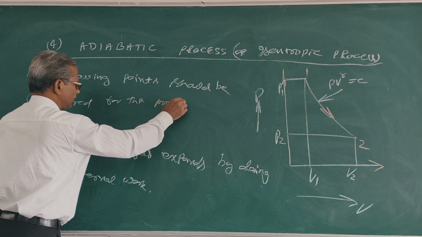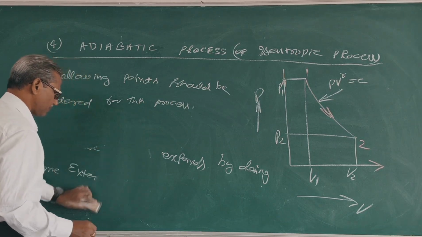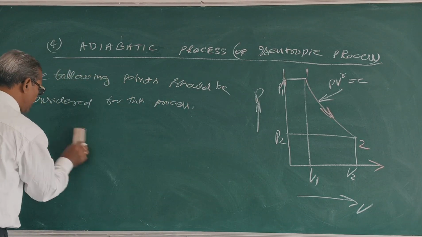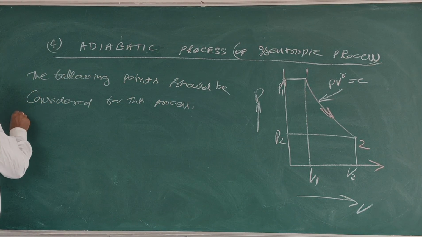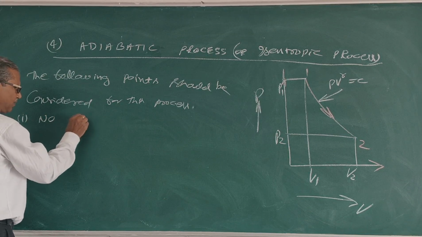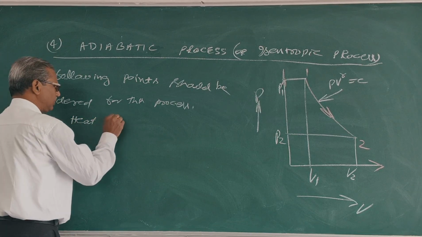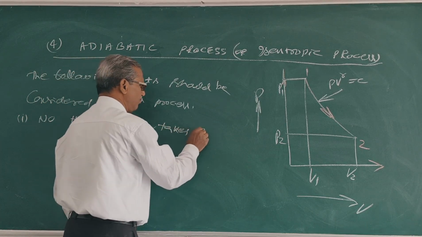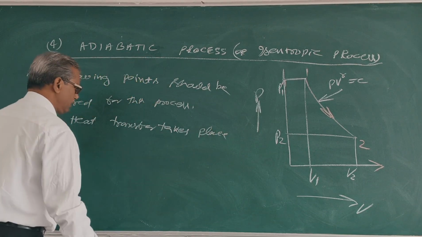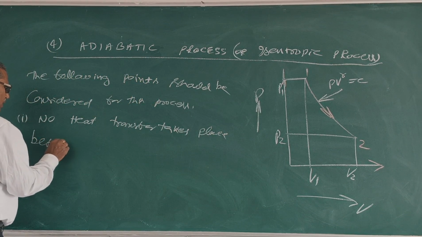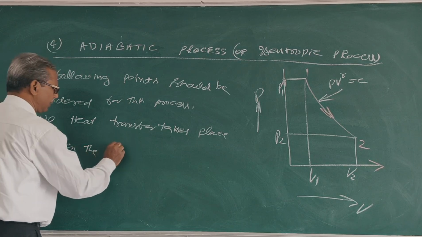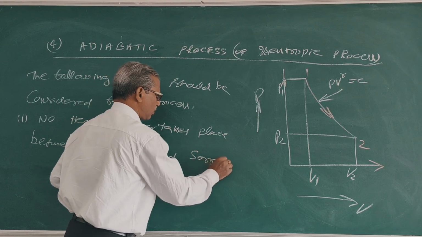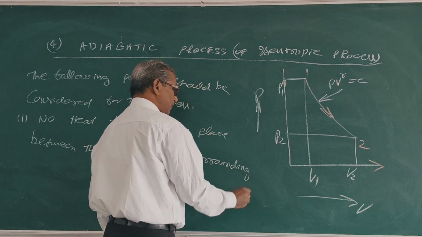Number one, no heat transfer takes place between the system and surrounding. That is Q is equal to 0.